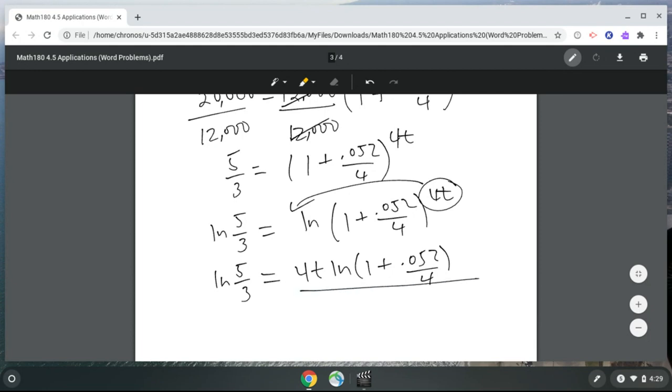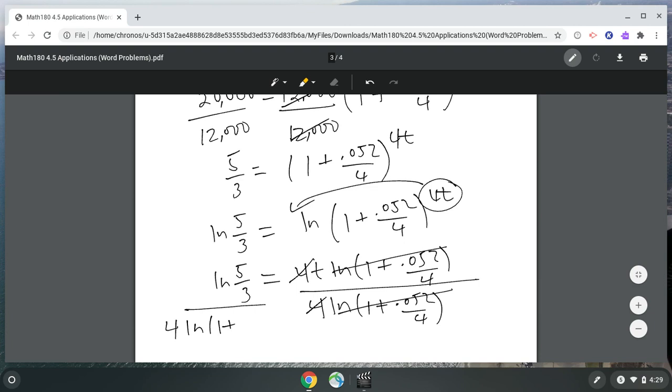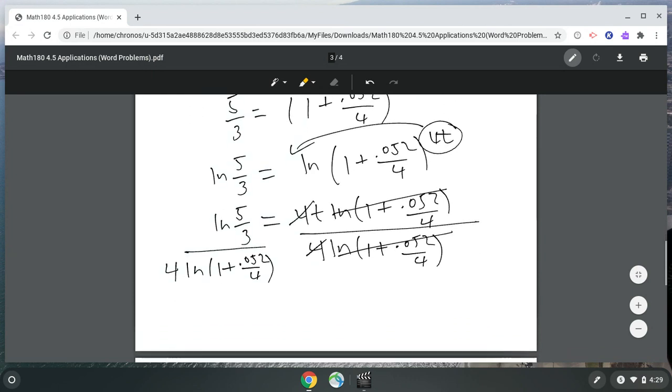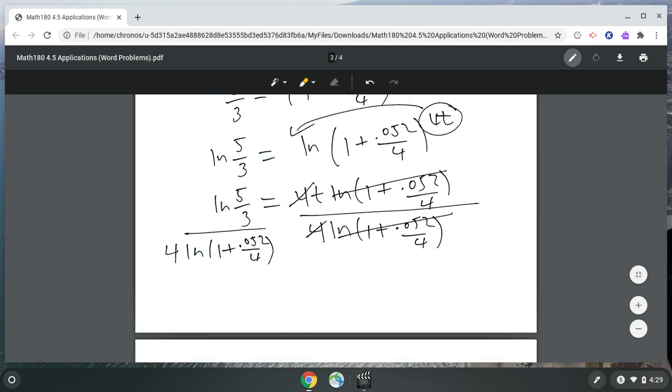So I'm going to divide both sides by the 4 to cancel out the 4, and also by the ln of all of this. That'll cancel out this and this, but I have to do it on the other side as well. Multiply by 4 ln 1 plus 0.052 over 4. And when you punch that into your calculator, you should get 9.9 years.